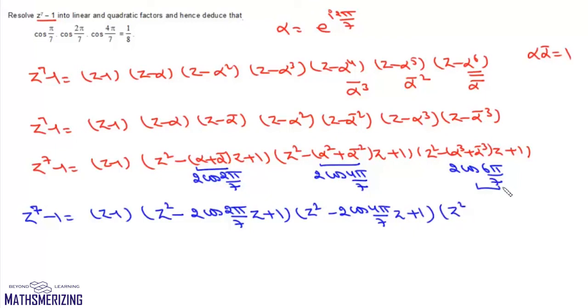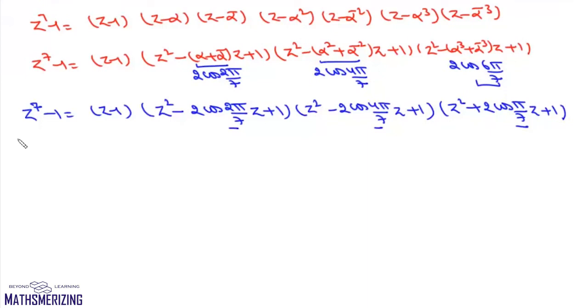Now we can write cos 6 pi by 7 as cos (pi minus pi by 7), which is minus cos pi by 7. So it will be z square plus 2 cos pi by 7 z plus 1. Now we need to find this product cos pi by 7 into cos 2 pi by 7 into cos 4 pi by 7.